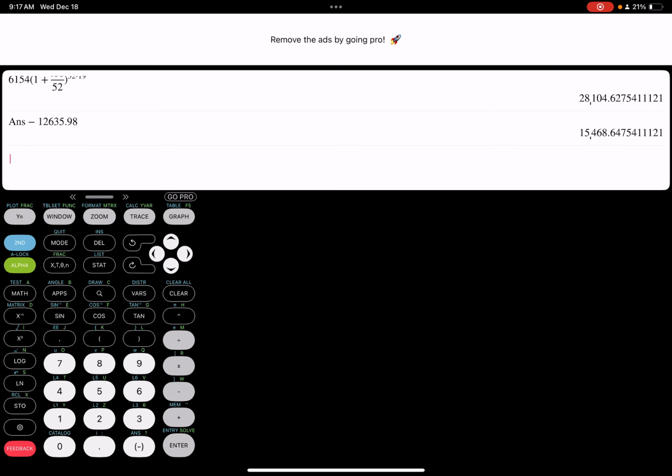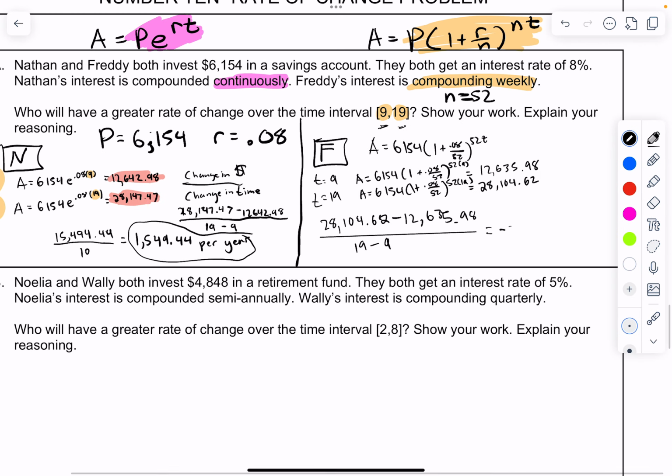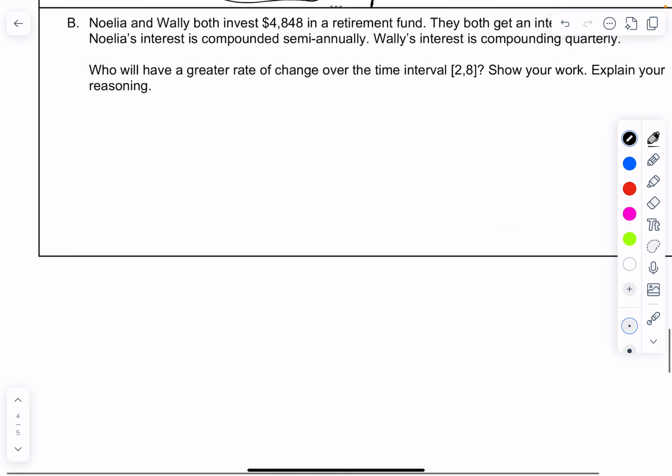Okay, so the difference in the money is 15,468.64. Divided by 19 minus 9 is 10. And that's finally going to be 1,546 and 86 cents. Oh dear.